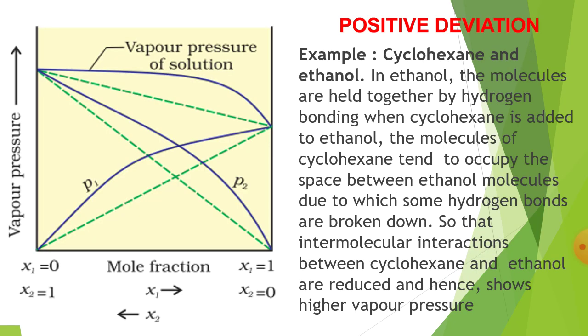Now, non-ideal solutions are of two types. One, positive deviation. Second, negative deviation. In case of positive deviation, the AB interactions are weaker than the AA interactions and BB interactions.